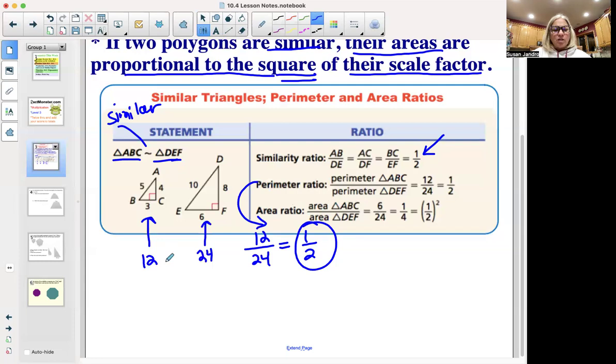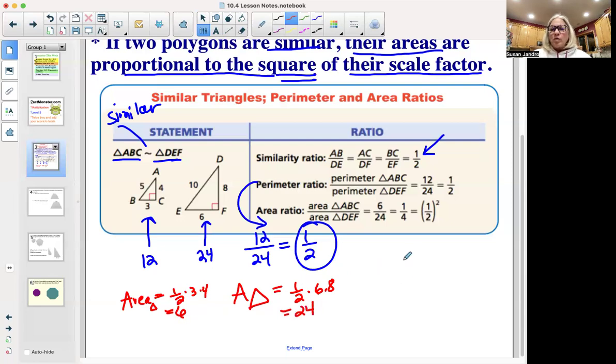Okay, well now let's look at the area. So let me switch colors here. The area of this little triangle is 1/2 of 3 times 4, so that's 6. The area of the bigger triangle is 1/2 times 6 times 8, which is, let's see, 6 times 8 is 48, that's 24.